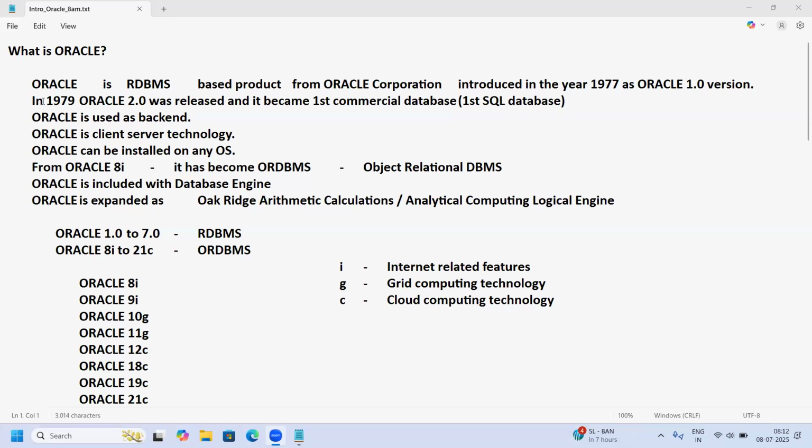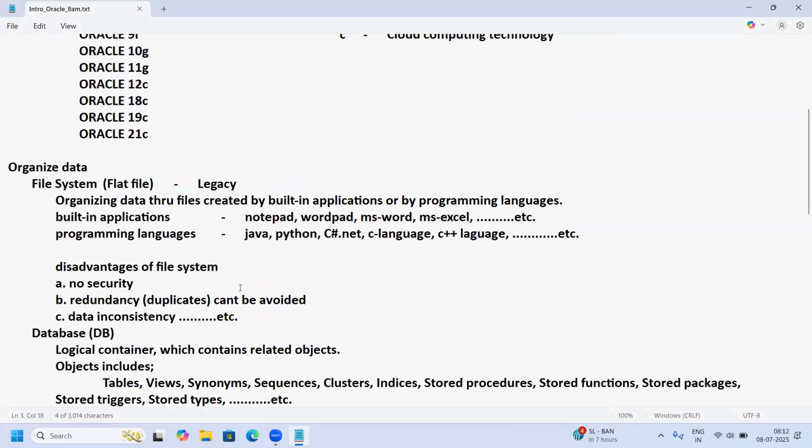I said Oracle is an RDBMS-based product. In this RDBMS topic, we discussed what is a database, what is DBMS, and then what is RDBMS, in yesterday's class. First, we discussed database, and we compared it with the file system.